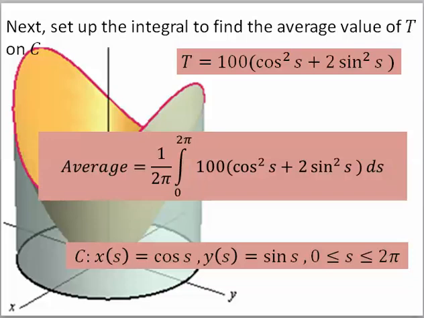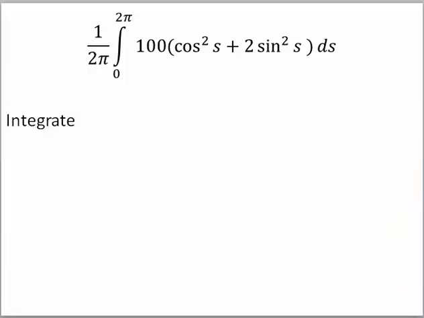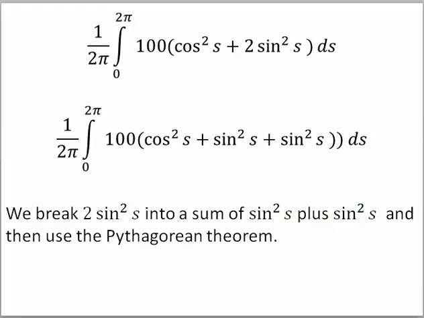The average temperature will be 1 over the length of the curve, which in this case is 2 pi, times the line integral. And then we integrate. We break 2 sine squared into a sum of sine squared plus sine squared, and then use the Pythagorean theorem.